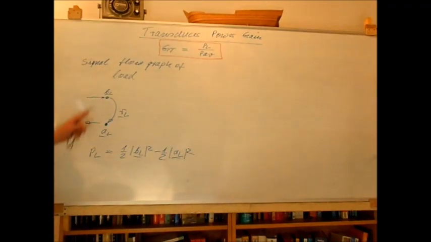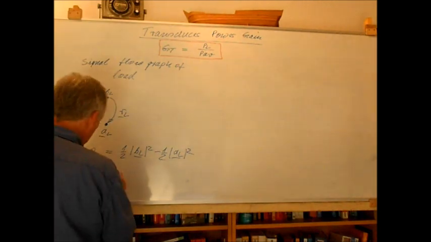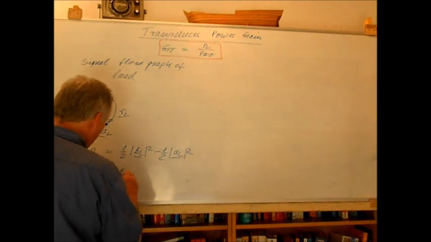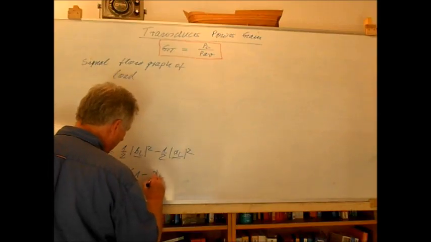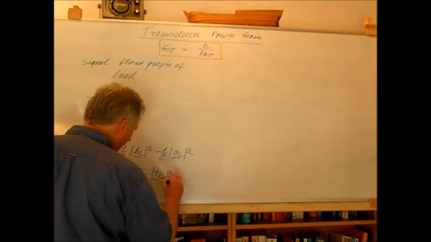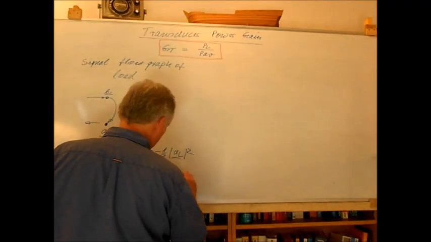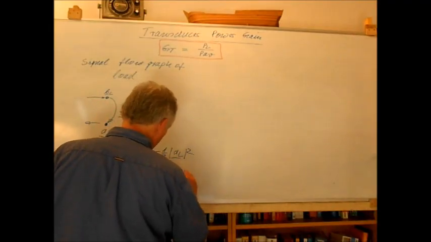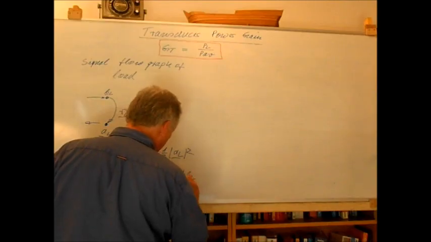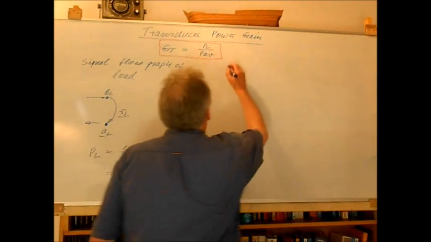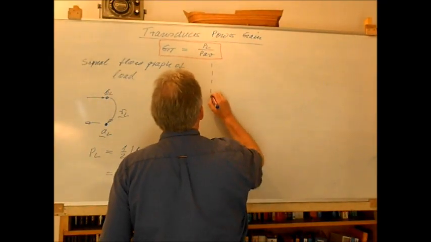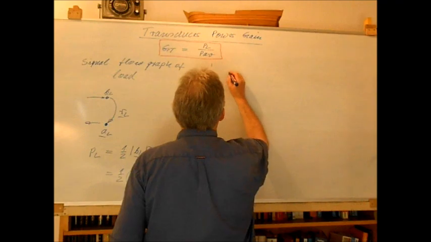But again, you see here that AL is RL times BL, so I can write it like this, 1/2 times 1 minus RL absolute value square times BL absolute value square.